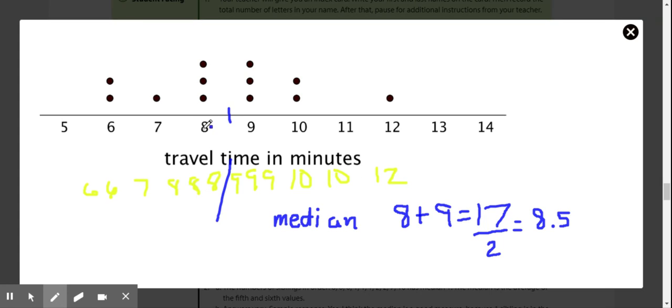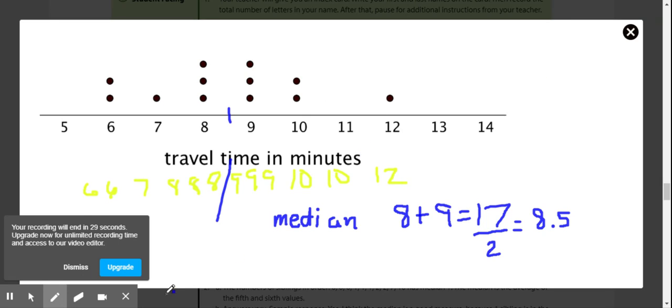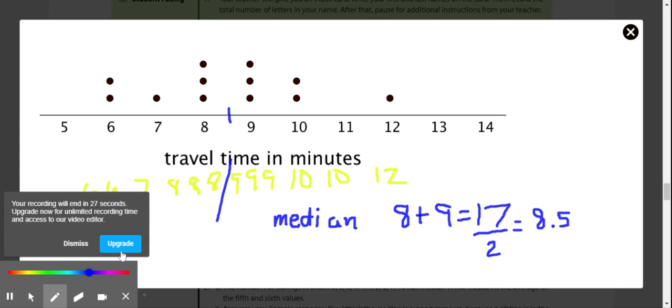And you can see that in between 8 and 9, if you were right in between that, that would be 8.5. So your median, or the middle, remember median equals middle, would be 8.5 of this travel time. So that means half of the scores are less than 8.5 and half of the scores are greater than 8.5 when we're thinking about travel time. So that is why median has to do with middle.